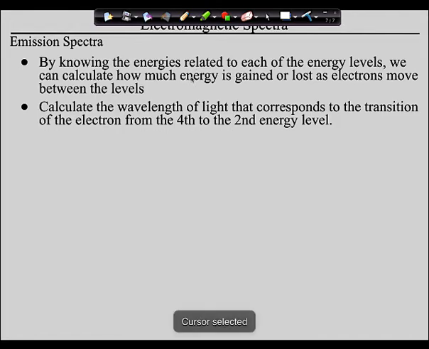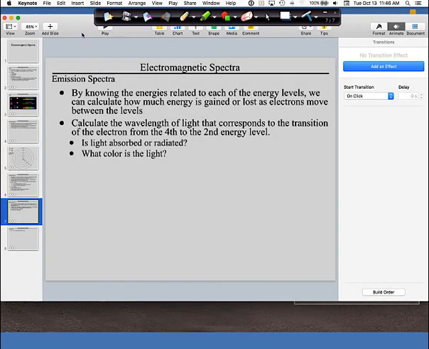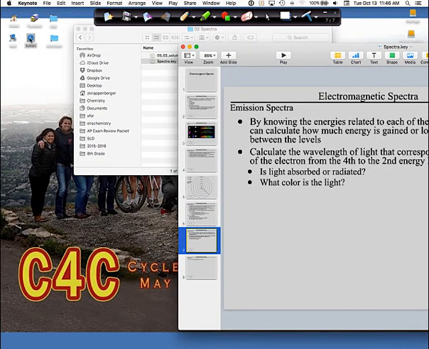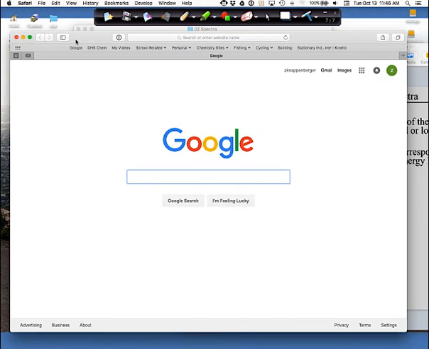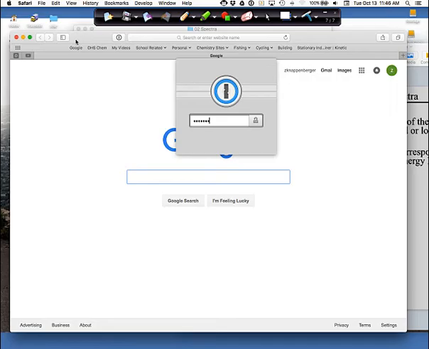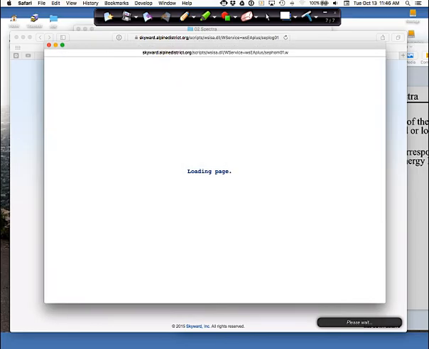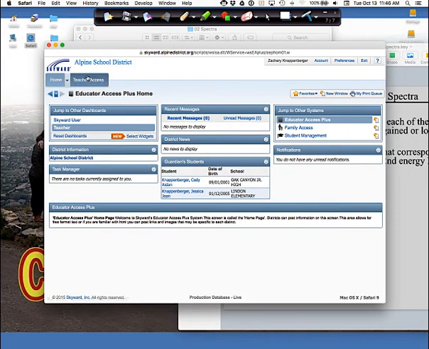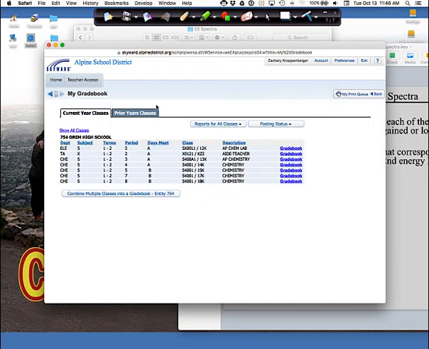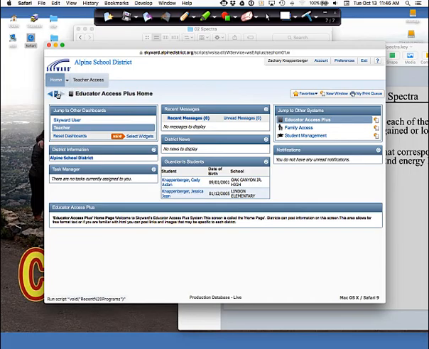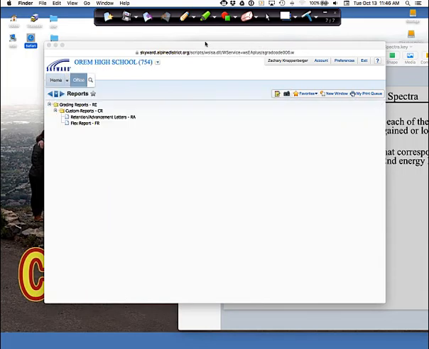So guys, again, energy level 4 to energy level 2. So your goal is wavelength. The end game is what is the wavelength of light that's released when it goes 4 to 2?